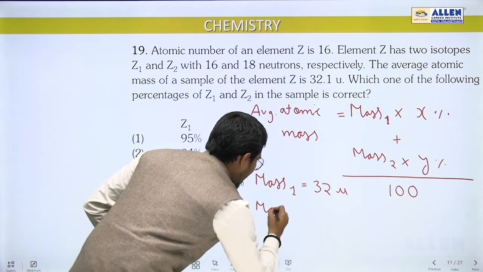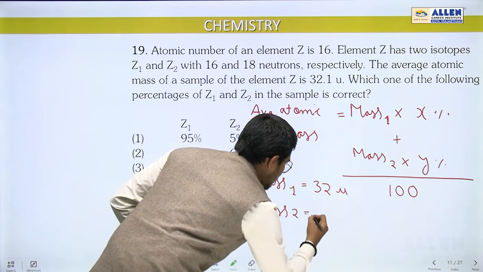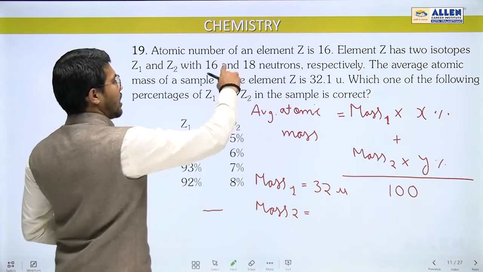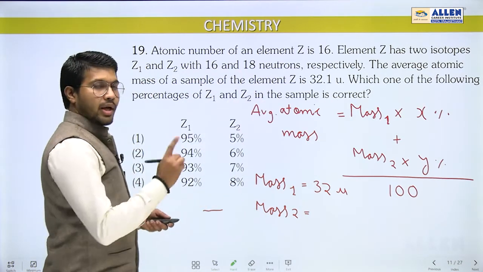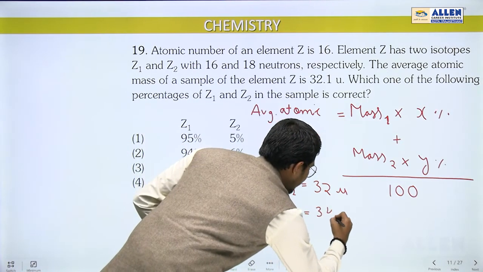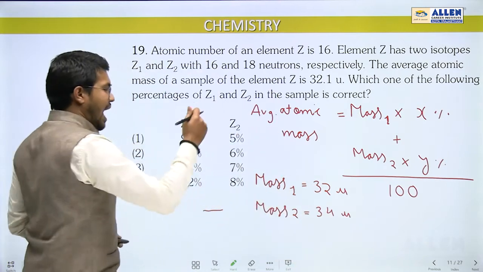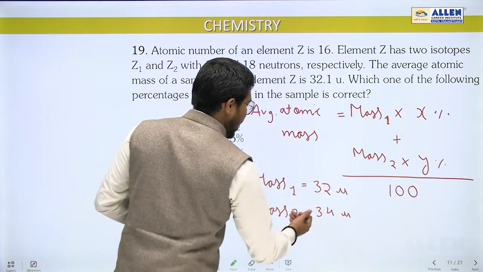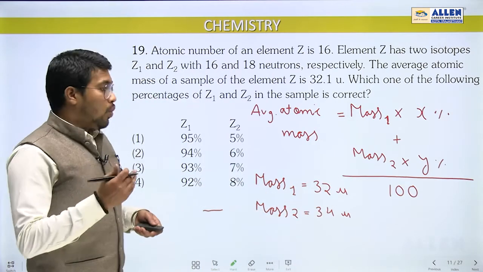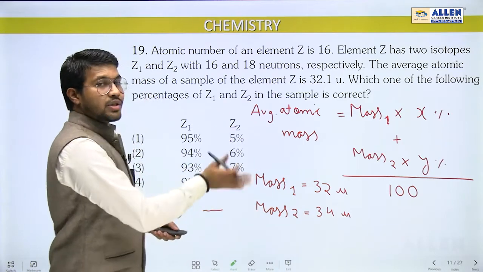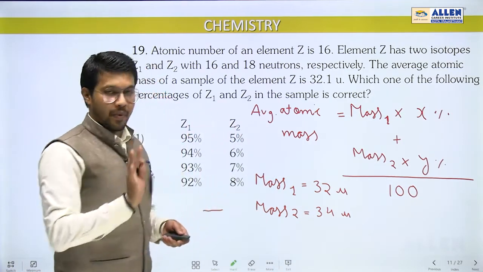And mass 2 is atomic number 16 plus number of neutrons 18, that is 34 U. So we have these two isotopes with masses 32 and 34. Now we have to find the percentages X and Y in which these two isotopes are present.